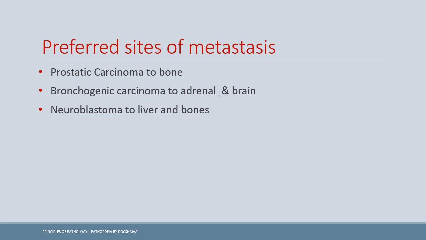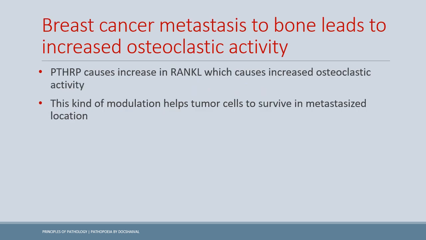There are some preferred sites of metastasis for some cancers that you should be aware of, and those are prostate carcinoma, which commonly spreads to the bone, bronchogenic carcinoma, which most commonly spreads to the adrenal and also to the brain, and neuroblastoma, which commonly spreads to the liver and or to the bones.